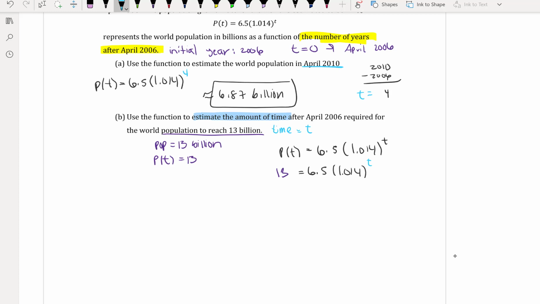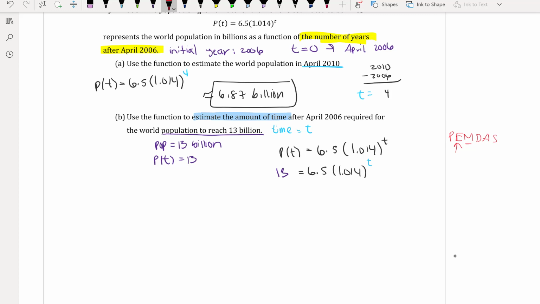Now, rules of operation, rules of order of operations. Can I do my multiplication before I do my exponent? Well, according to PEMDAS, or please excuse my dear Aunt Sally, I would have to do exponents before multiplication, okay? So that means I can't just multiply the 6.5 times the 1.014.